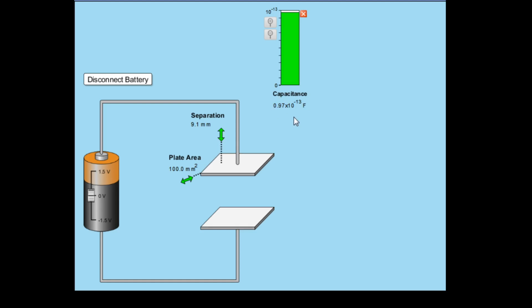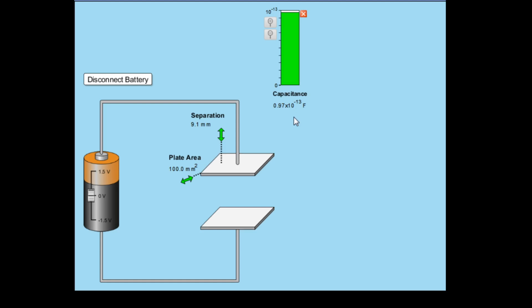So from this activity we conclude that when the distance between the plates of the capacitor decreases, the capacitance increases. When the distance of separation between the plates of the capacitor increases, the capacitance decreases.